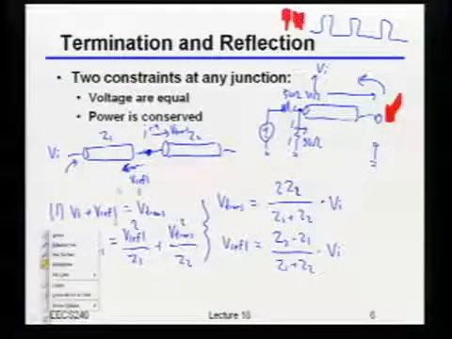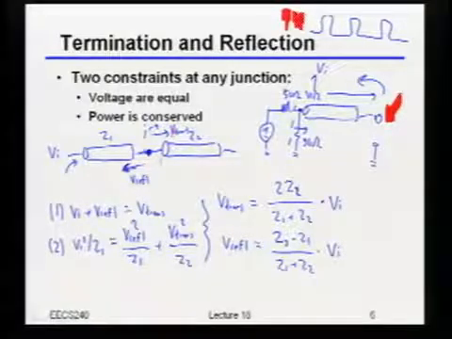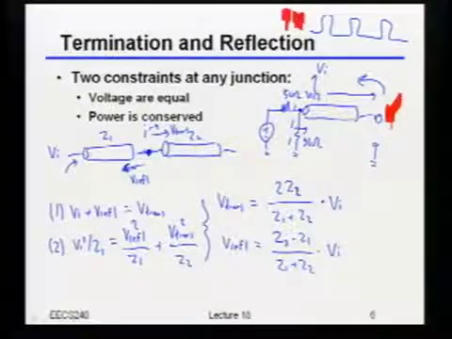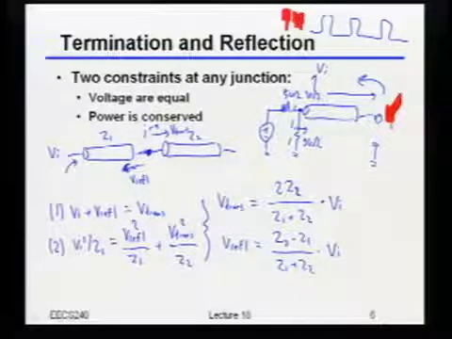So again, why do I go through all this? Because it's actually pretty hard to completely avoid having these kinds of junctions. But if you want to get a nice clean waveform, you should try to make it as smooth and clean as you can.